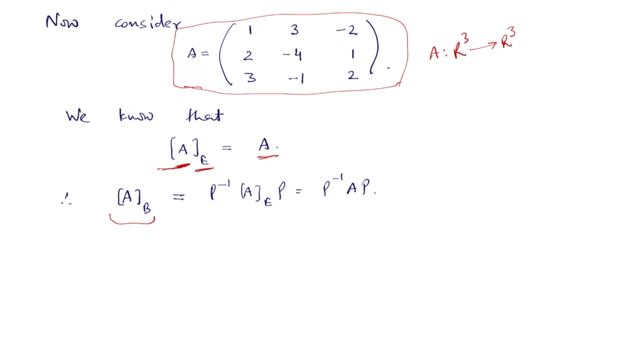So the matrix of A with respect to basis B will be equal to P inverse AE P, but AE is A again, so it is P inverse A P. So if we want to find the matrix of any matrix A as a linear transformation with respect to any basis, then we can immediately find it by finding this matrix P. Once we have found matrix P, then we can find the matrix of A for any basis.